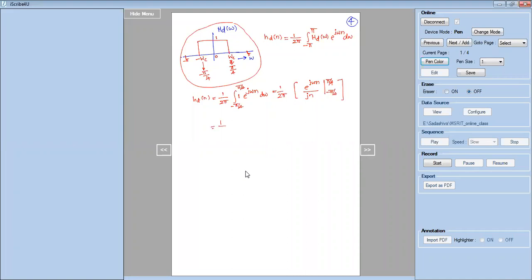So it is 1 by 2 pi times 2 sine of pi by 4 n divided by n.